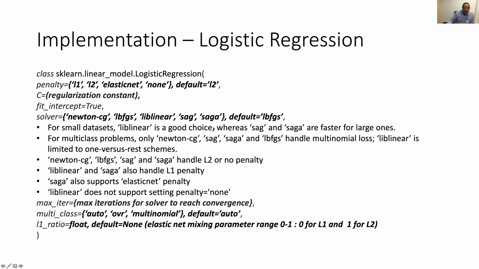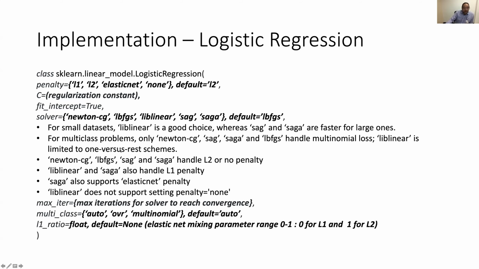By default it's this LBFGS. This is that linear model that I just talked about, right? That logistic regression, this form, and it works for binary classification. It's a default, right?